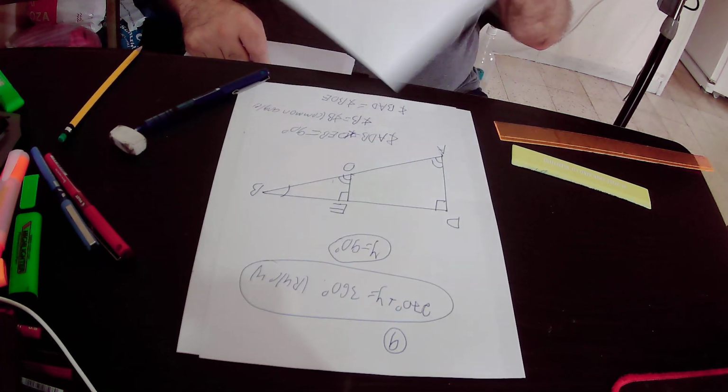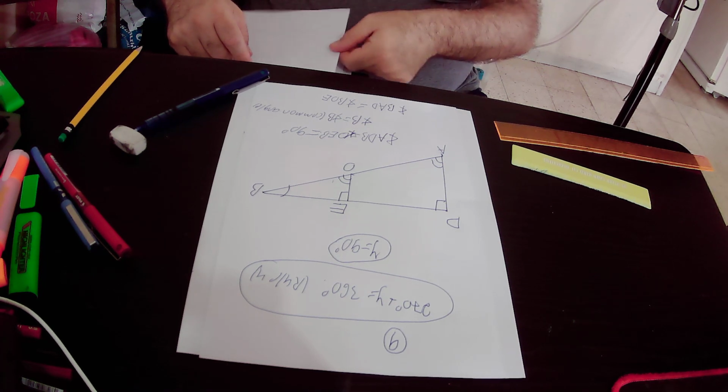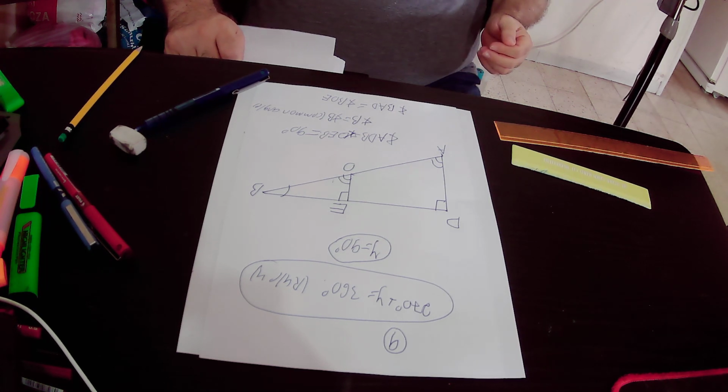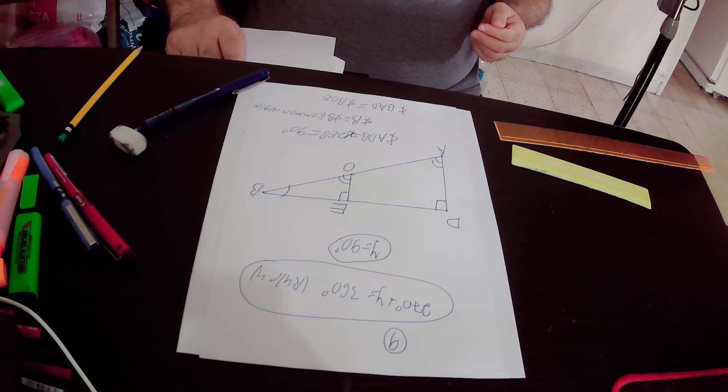Third angle theorem states that if you have two triangles that have two equal angles, then the third pair of angles must also be equal in those triangles, because the third pair of angles complete the sum of the angles in each triangle to 180 degrees.